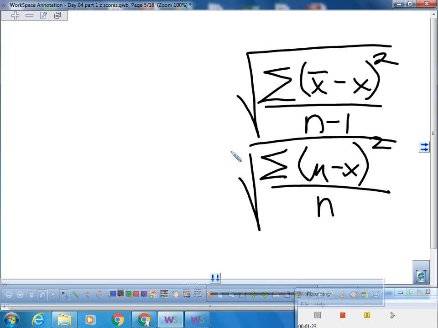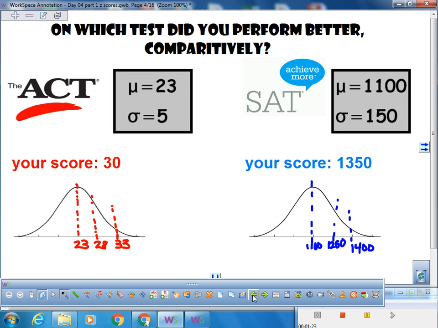So if I tell you you could divide by the standard deviation on both of these right here and have a comparable measure, what else do you think you need? Your score. What else do you think you'd need? No. What are we comparing to? When we find our spread, what is the spread in relation to?